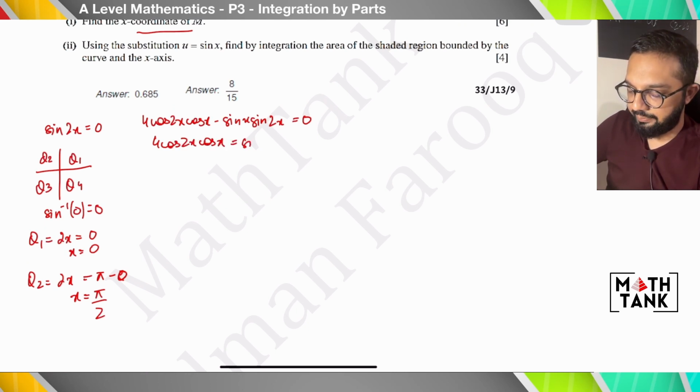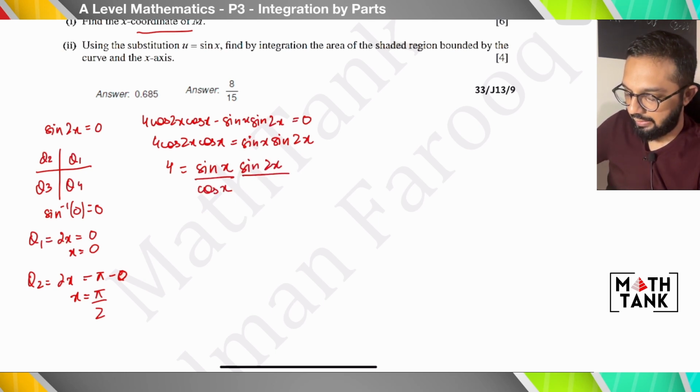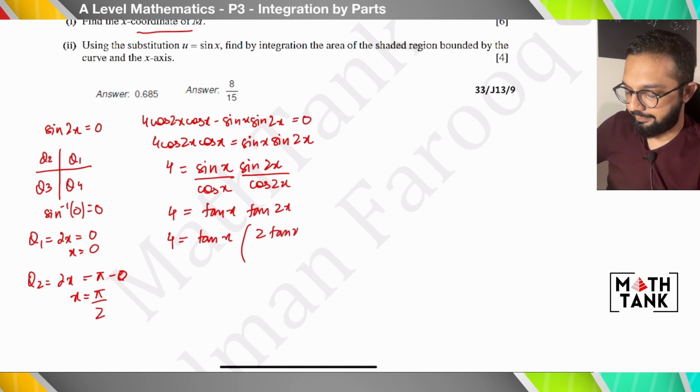I see tan emerging from this setup. You have cos x and then you have cos 2x. So this becomes 4 equals tan x tan 2x. 4 equals tan x times 2 tan x over 1 minus tan squared x.